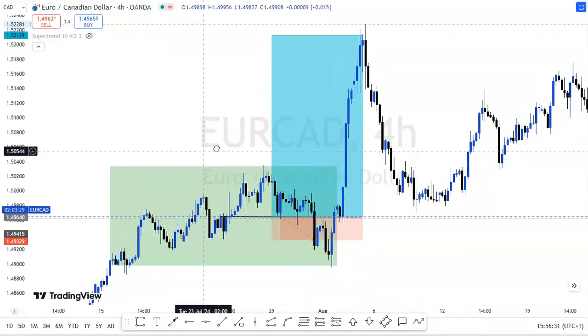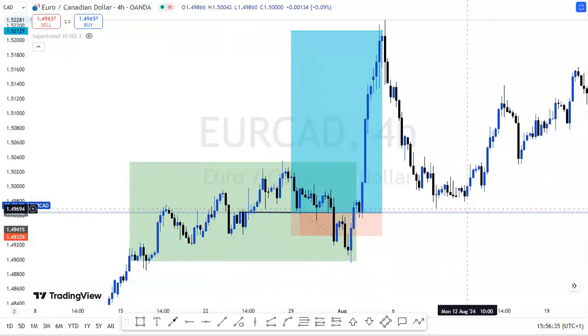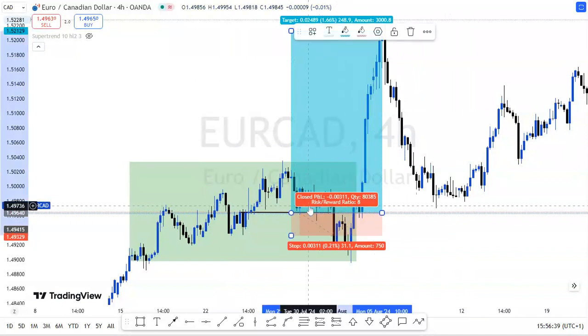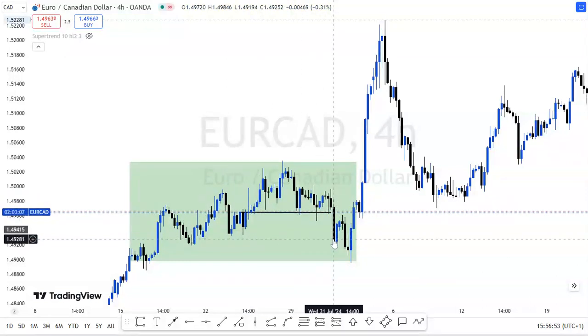What I would like to see, I may not be able to explain in this video because time is already spent. What I just want you to know is that price came to the order block, then it failed. The candle that caused this order block to become invalid is the candle that ushered in the momentum.